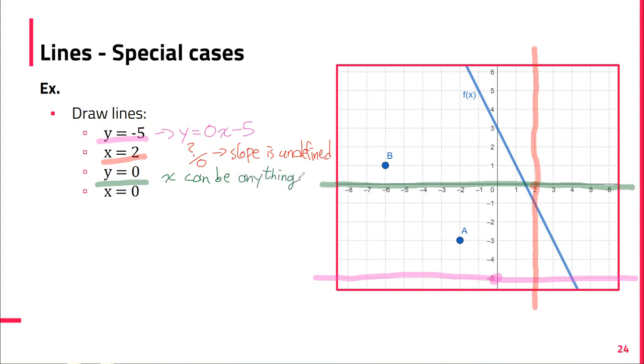The x-axis is the collection of points where y is 0, and then it's all the different possible values of x. And then same idea here, x equals 0 is actually the y-axis, like this. Y can be anything.